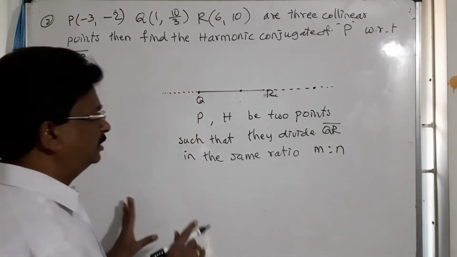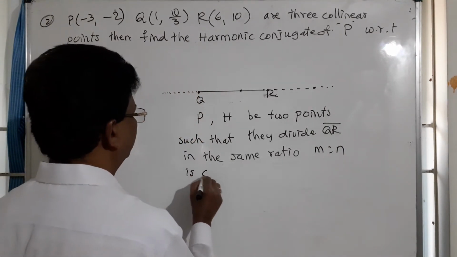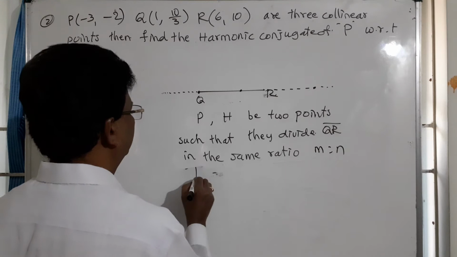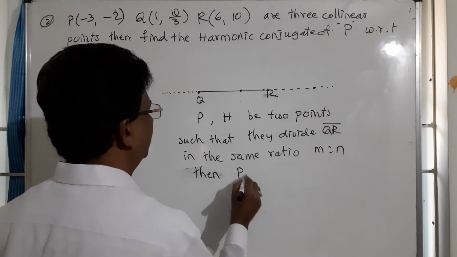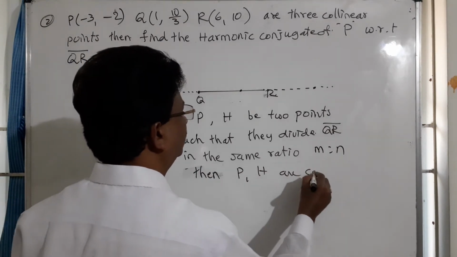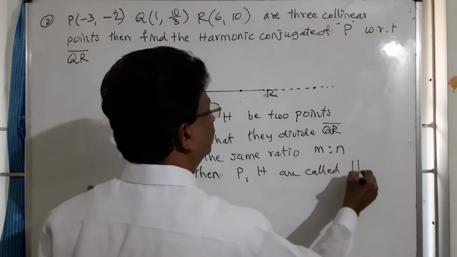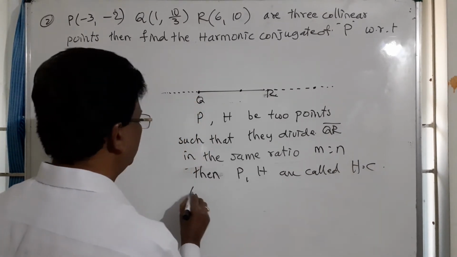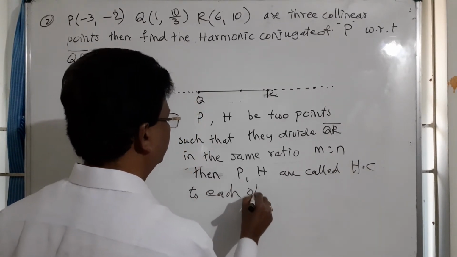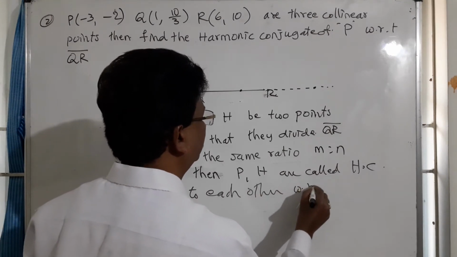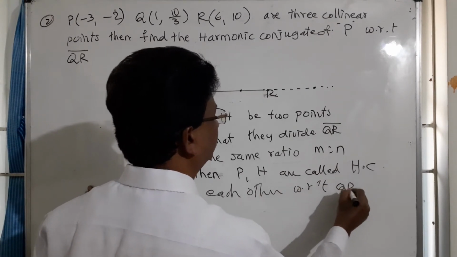Then P, H are called harmonic conjugates of each other with respect to the line segment QR.